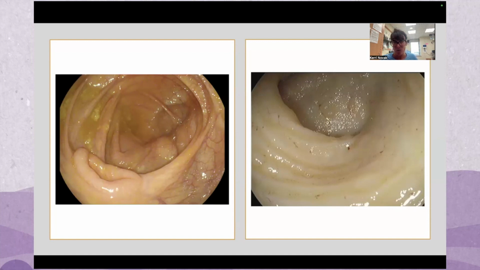Not easy to do. The image on the left where my pointer is the cecum, or the end of the right colon on the right side. This tiny little opening is where the appendix comes off. And this circle here is the ileocecal valve that joins the small bowel. If we pop the scope through the ileocecal valve, you can see the terminal ileum, and you can see it looks almost just slightly rough.